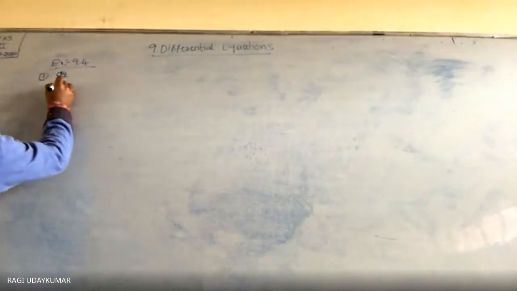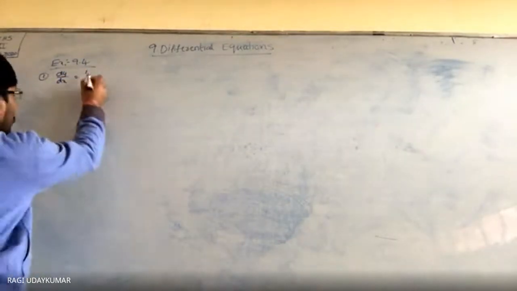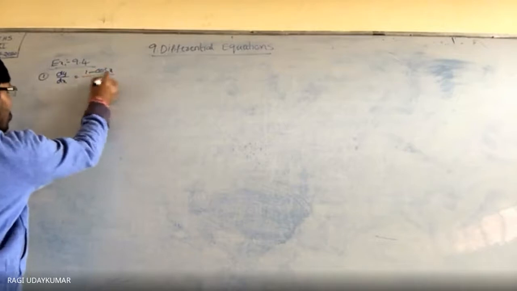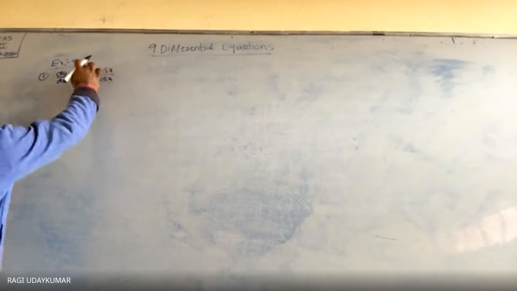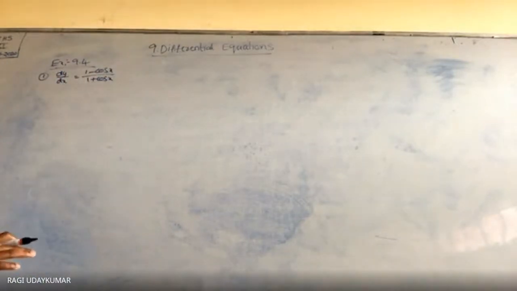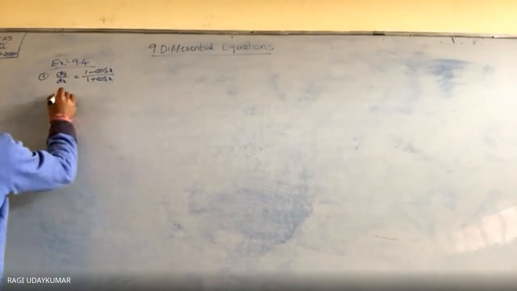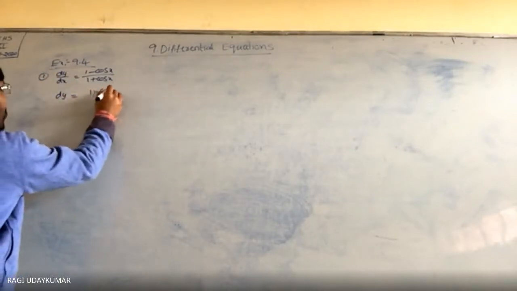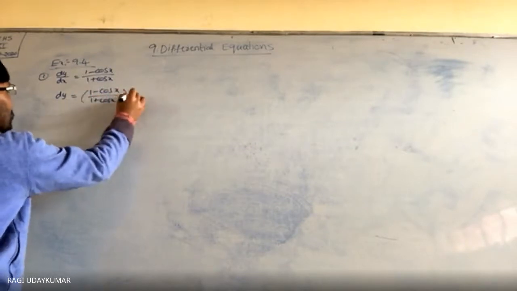dy by dx is equals to 1 minus cos x by 1 plus cos x. So here, see, this is completely x. So dx you take to the right side. Is it visible to you? dy equals 1 minus cos x by 1 plus cos x into dx.